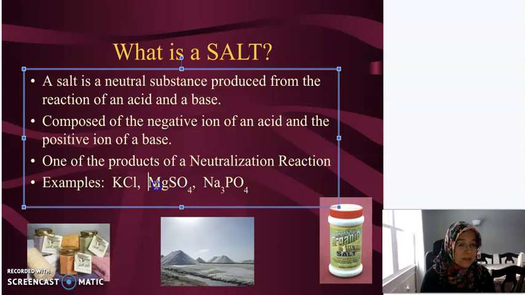Sodium phosphate comes from phosphoric acid and sodium hydroxide. These are all salts: positive ions and negative ions combine and make a neutral substance.